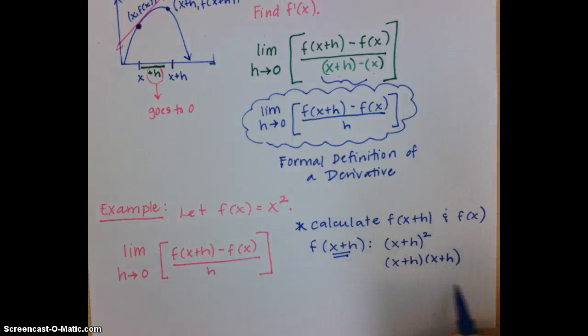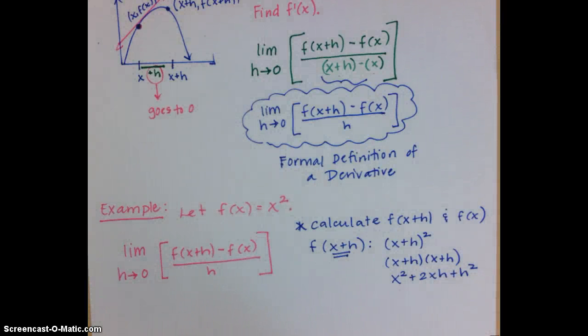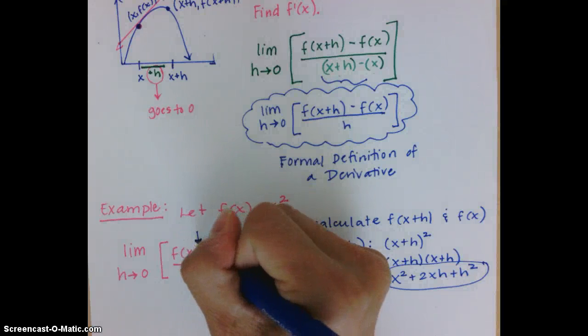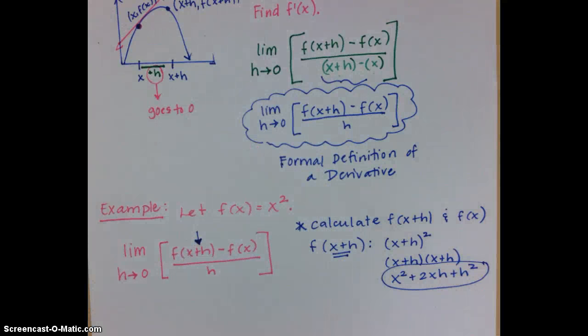But we're FOILing, if you're familiar with that process, x squared plus 2xh plus h squared when I do it quickly. So that is f of x plus h, and that's going to get plugged in right here.